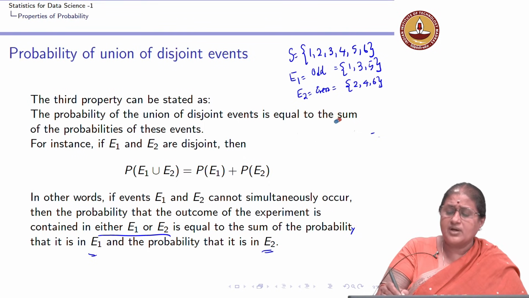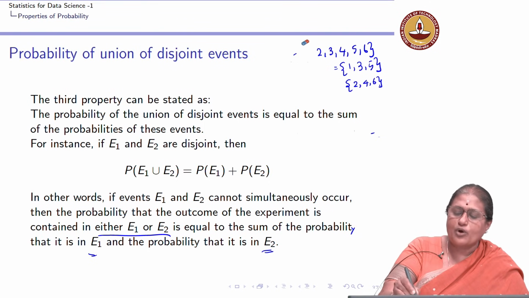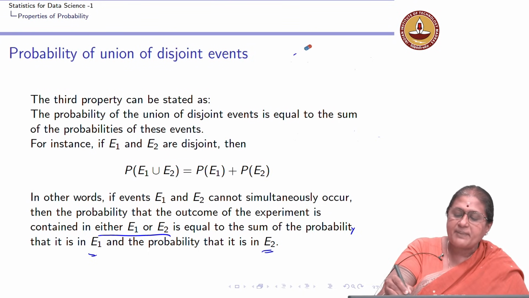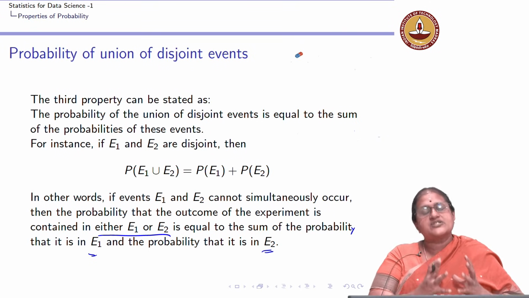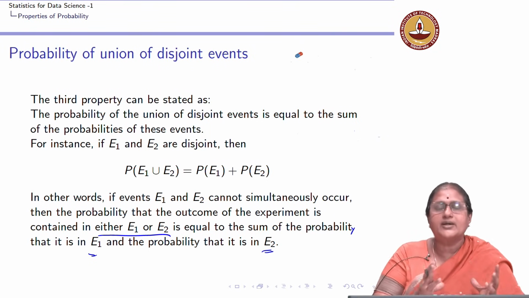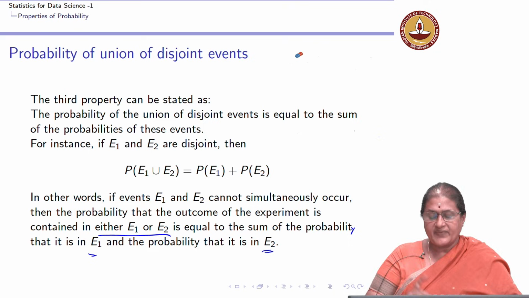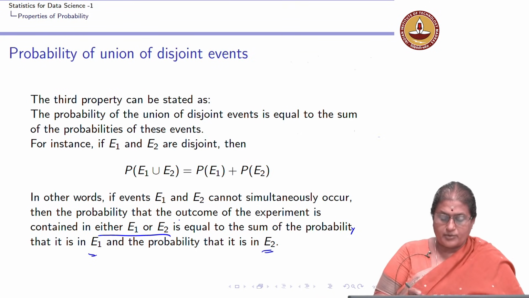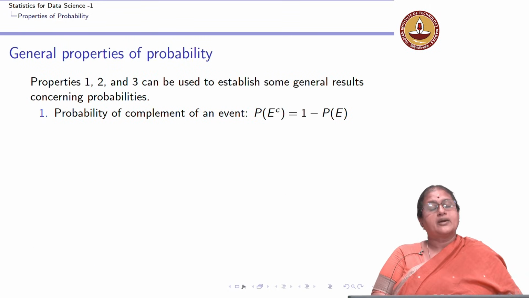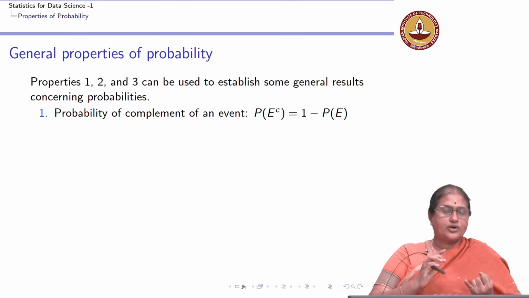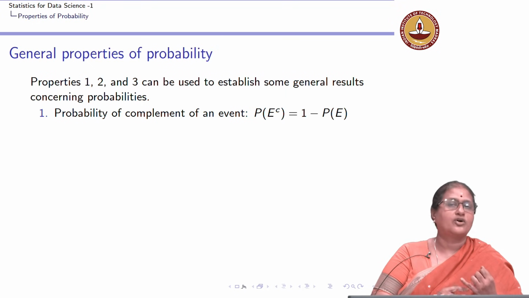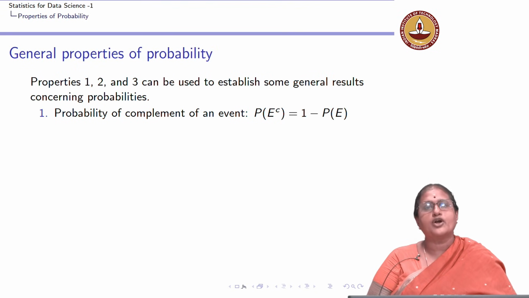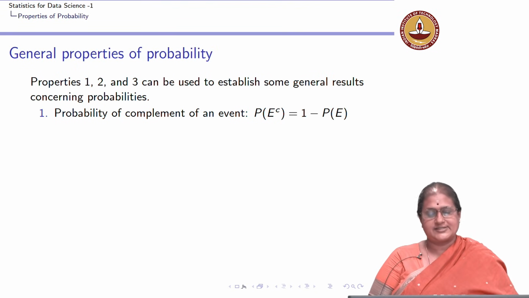So, this is what we refer to as the probability axioms, and these 3 axioms help us. From these 3 axioms we get hold of many other properties of probability, and that is what we are going to see now. The first property of probability: remember when we talked about sets, we talked about union, intersection and complement of sets. So, can we work out the probability of a complement of a set?